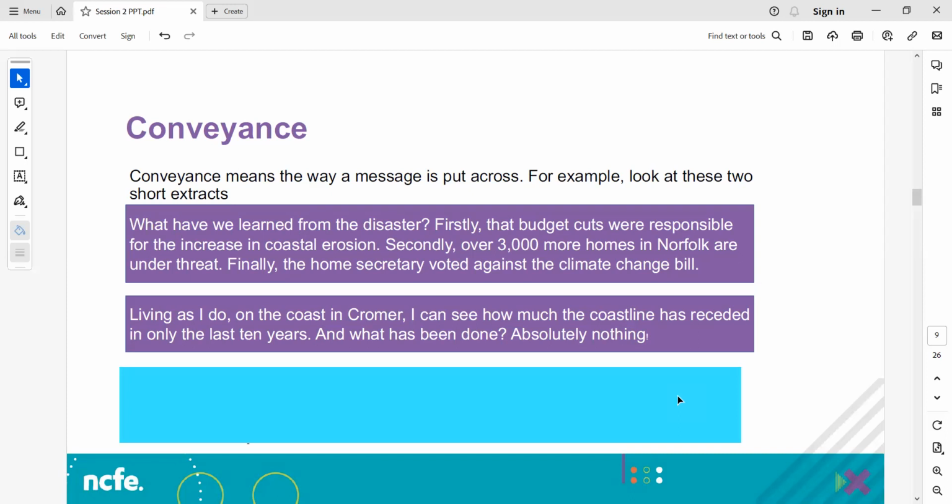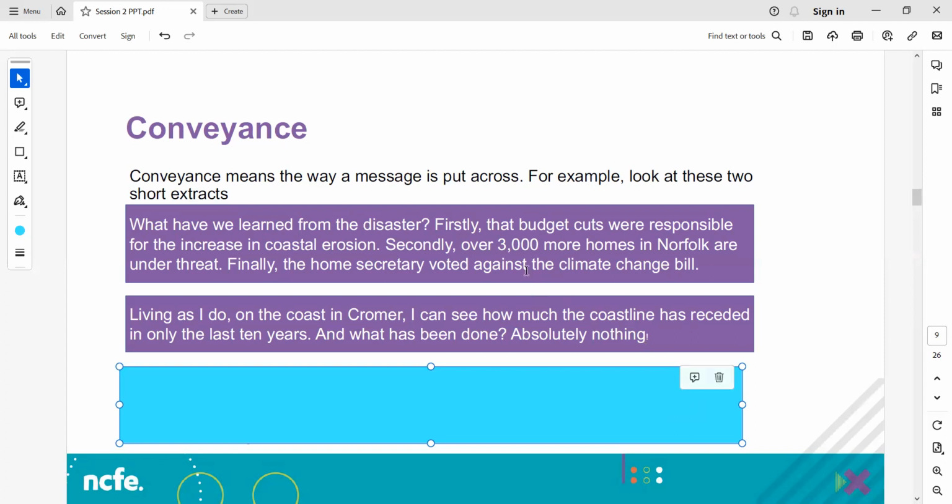So the second one is someone talking about their own experience, isn't it? It's their own personal experience. It's their opinion, isn't it? Yeah. And the first one is giving the facts and the figures to show how it's affected and all that.